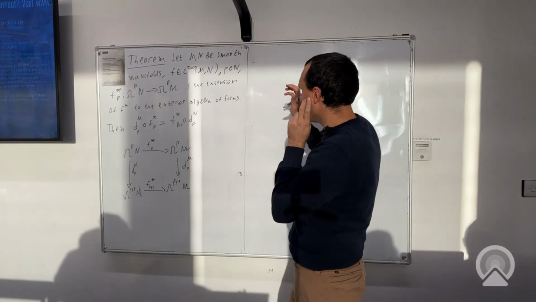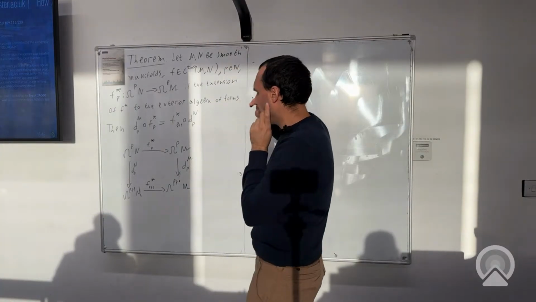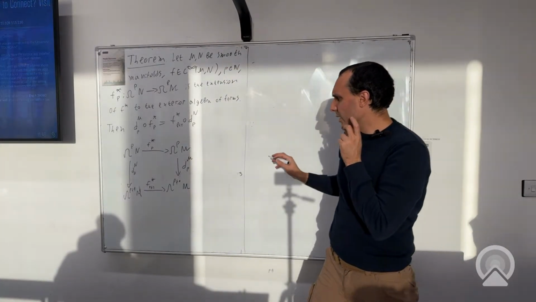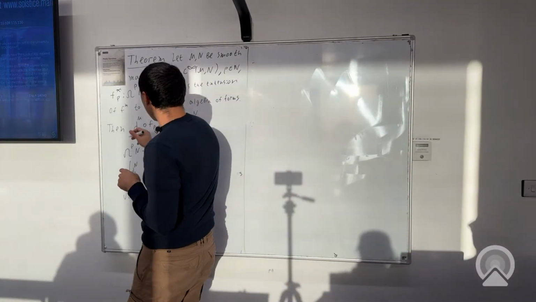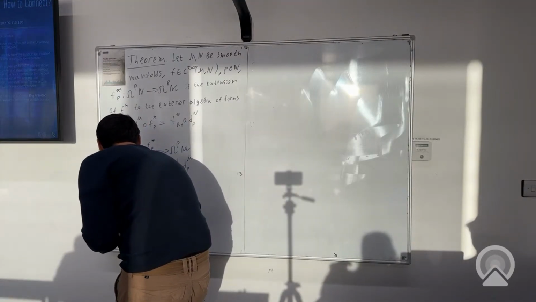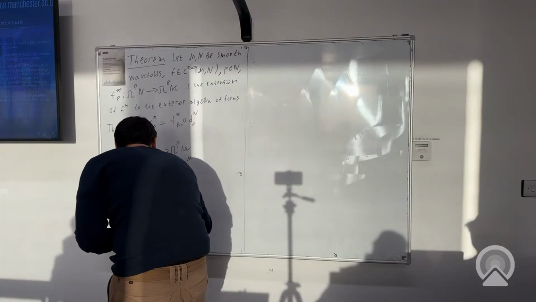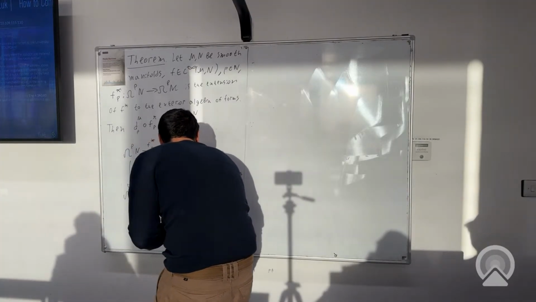Also, we have this directly from the definition of exterior algebra. Let's type F star of omega wedge eta is F star omega wedge F star eta.